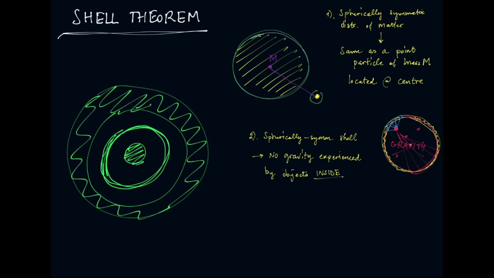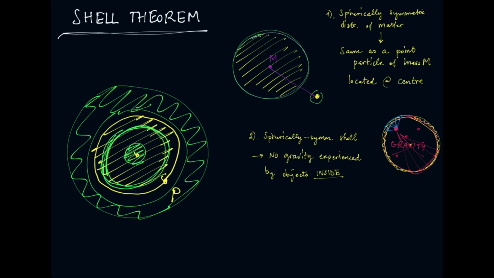Well, if you are at any location inside this object, what matters to determine what the gravity is at this point P is only the inside of a sphere that starts at the center of this distribution and ends at P. So the yellow part contributes.